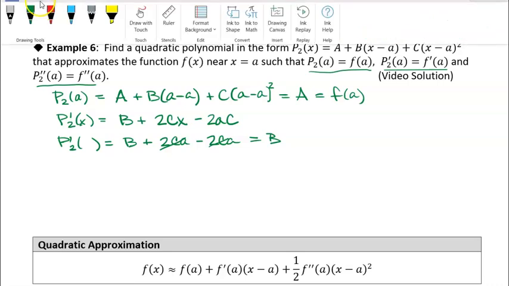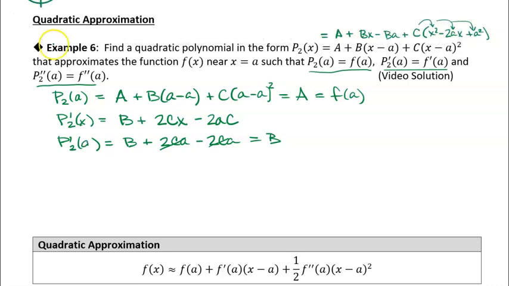I evaluated it at a, didn't I? This is p prime at a. Now remember, I wanted that to equal f prime at a. So just like we had before, we have A equals f of a and b equals f prime of a. That looks familiar, right?